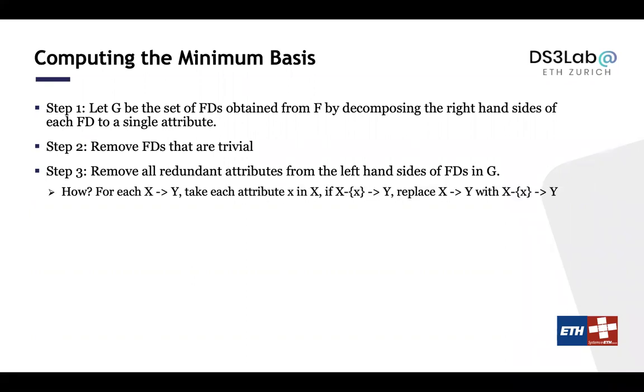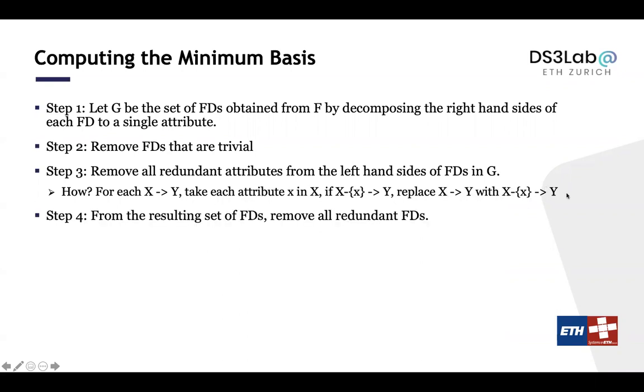How to do that? For every single function dependency in G, let's say that's X to Y, you take each attribute in X, you remove it, and you see whether you can still derive the functional dependency X minus the attribute to Y. If that is true, you replace your old functional dependency X to Y with this smaller one.